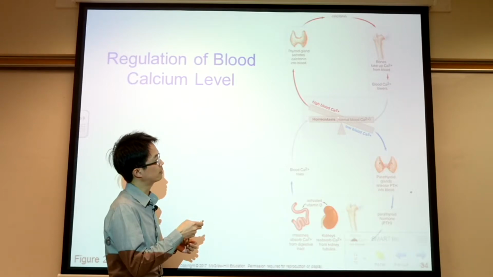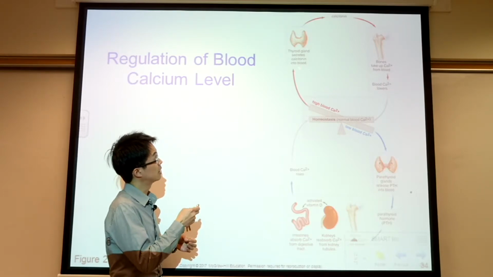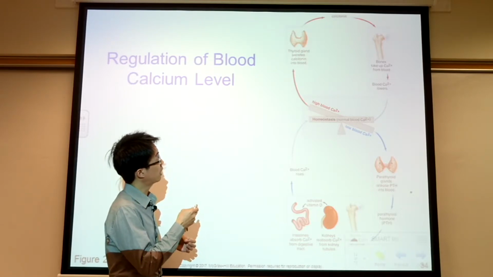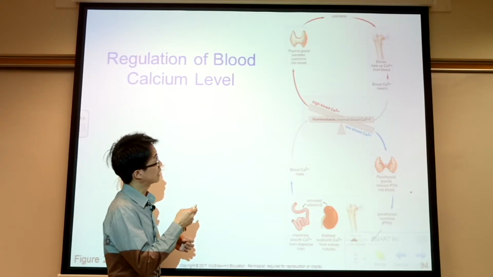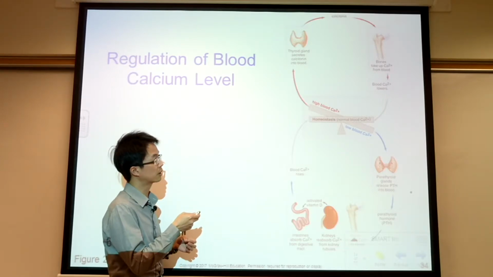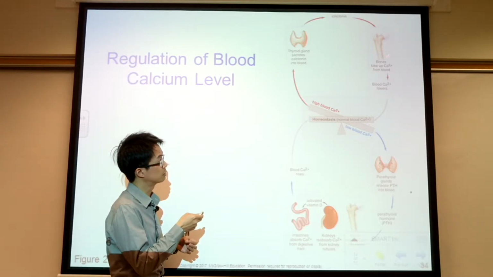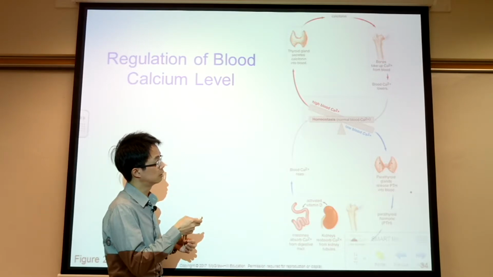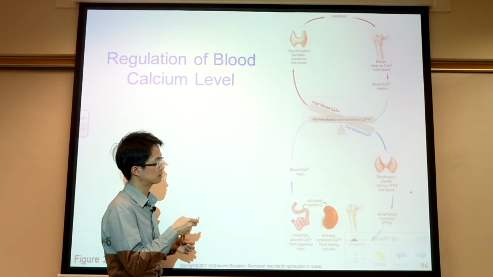On the other hand, when we have too high calcium level, then the parathyroid gland will stop the secretion, and the thyroid gland will start to secrete calcitonin in the blood. The calcitonin will tell the bone to mineralize. That means to absorb more calcium, to build more bone, to store more bone in order to lower the calcium level to restore the homeostasis.